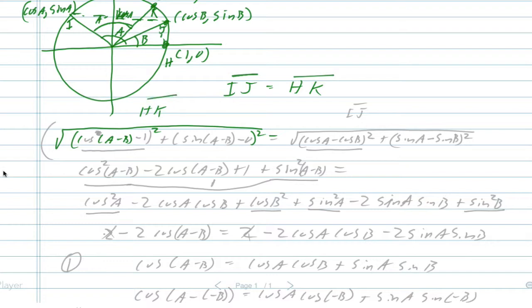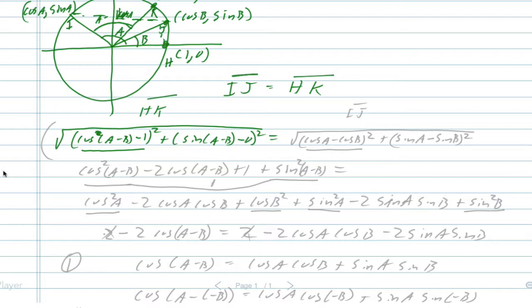So HK would be cosine (A minus B) minus 1, squared, plus sine (A minus B) minus 0, squared.